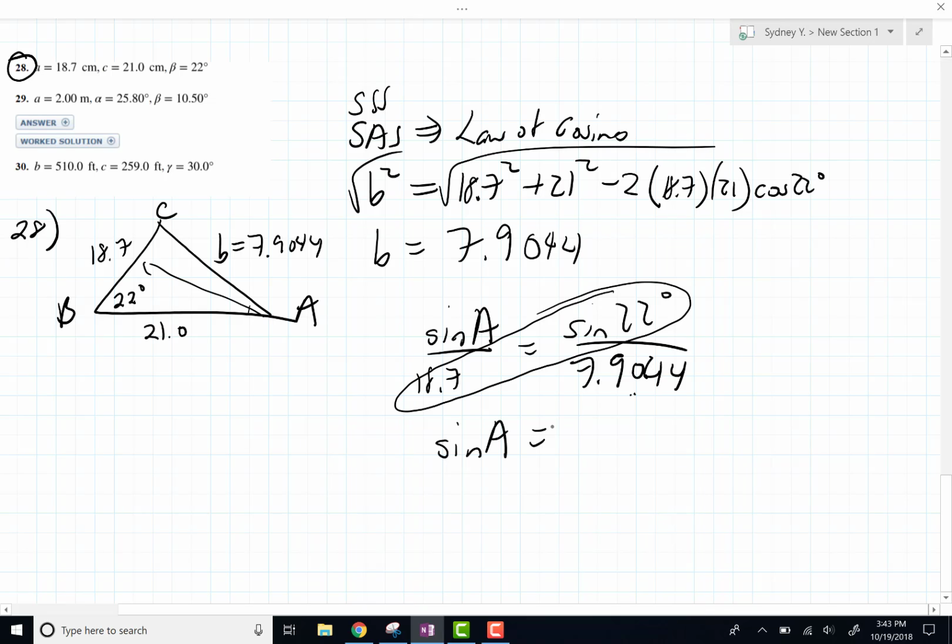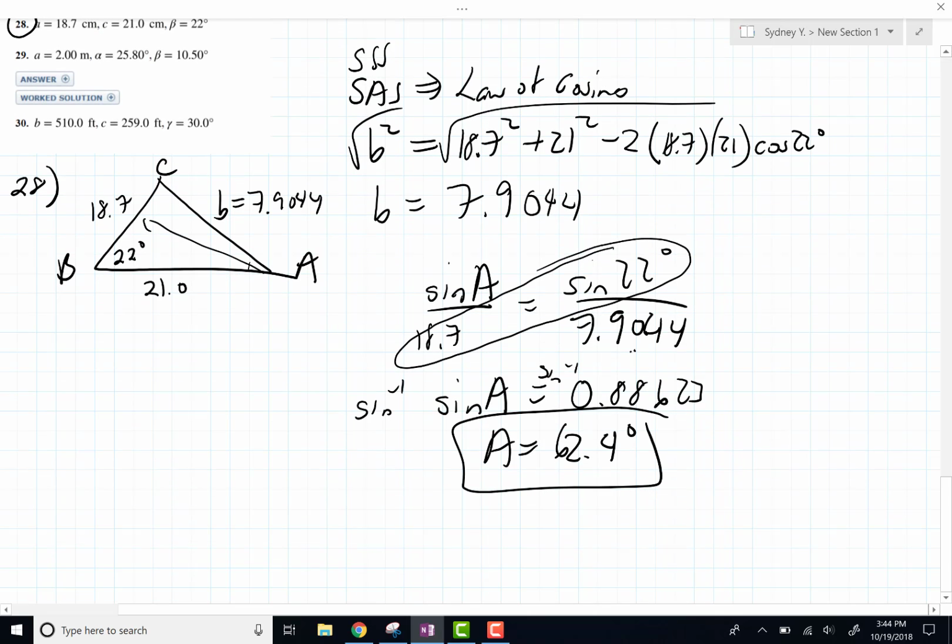So the sine of A will be 18.7 times the sine of 22, and then divide that by 7.9044. So the sine of A is 0.886233, and then you undo the sine by taking the inverse. So second sine, second answer on your calculator, and you get that A is 62.4 degrees.